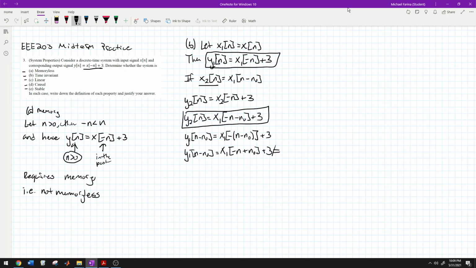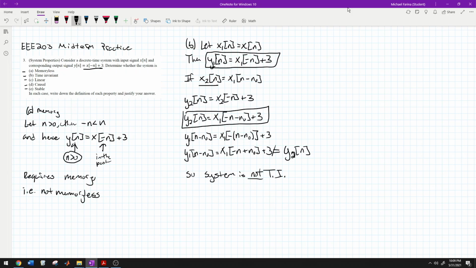It does not equal y2 of n. So the system is not time invariant.